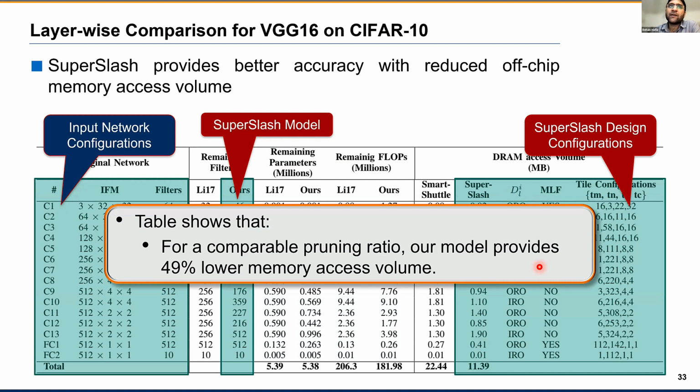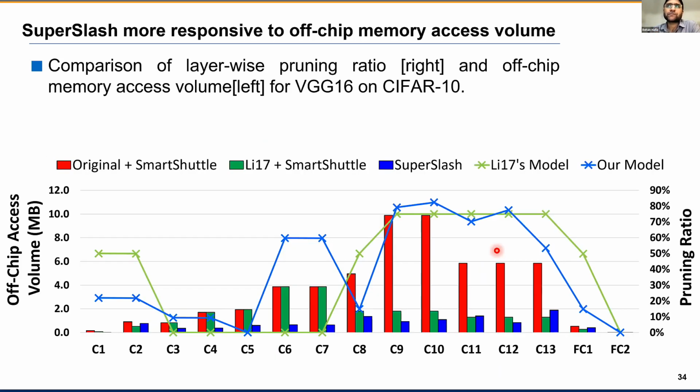So moving on, what this table shows is that for a comparable pruning ratio, our model provides 49% lower memory access volume as compared to the state of the art. Again, some more results over here.